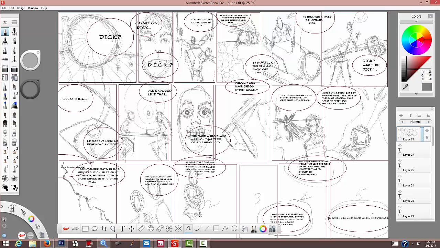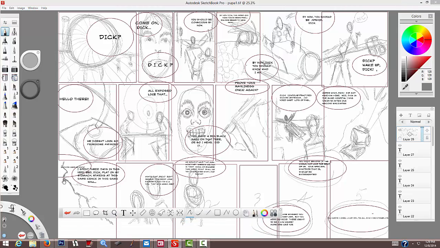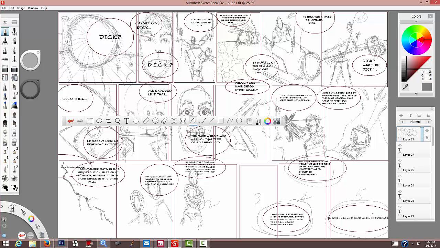And then remember, this is going to extend down into the next panel. And so the horizon is probably going to be about here.